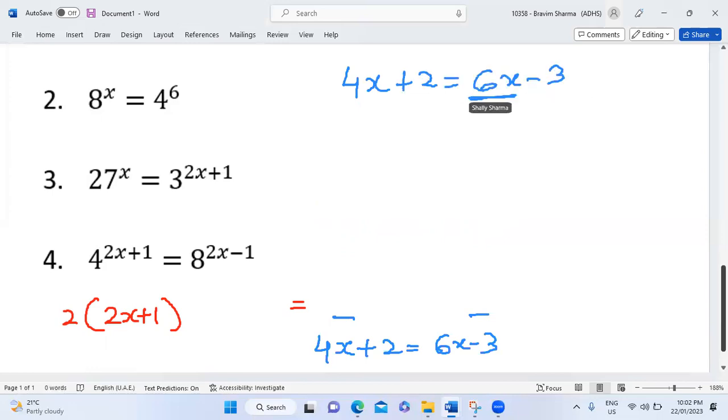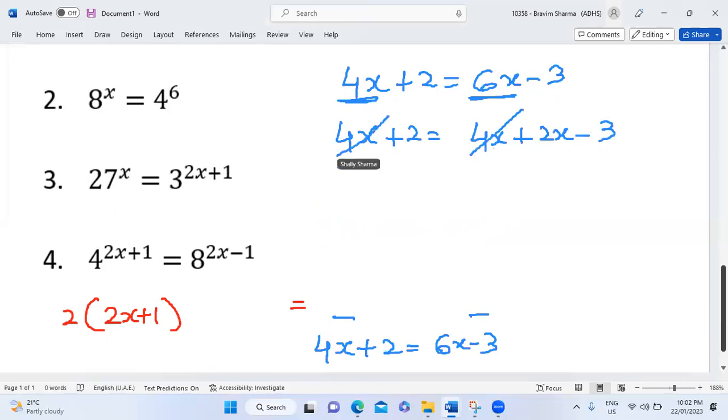This is the bigger number, 6x as compared to 4x. If I compare the variable terms, one is 4x and one is 6x. I will break this 6x into 4x plus 2x. By doing so, what will happen? The 4x and 4x will be cancelled because they are both equal and on opposite sides. So what I am left with is 2x minus 3 is equal to 2.